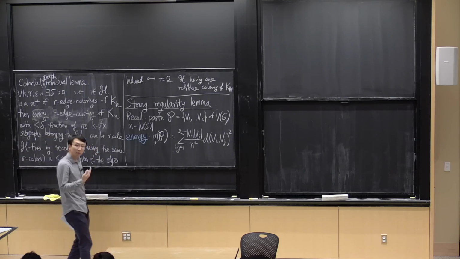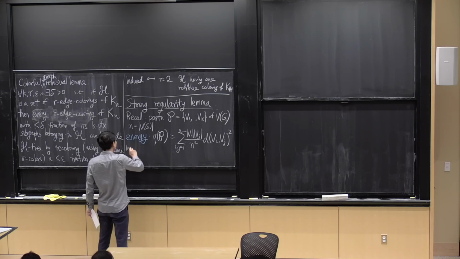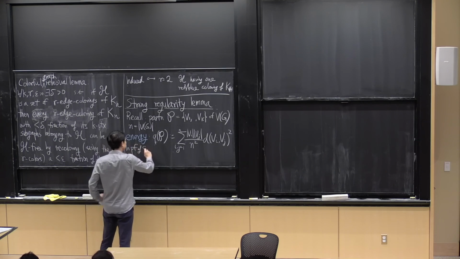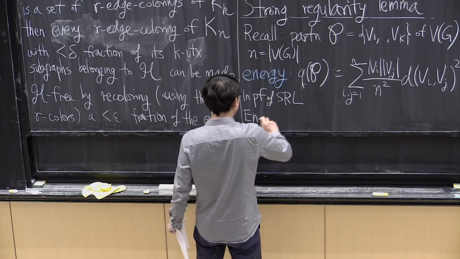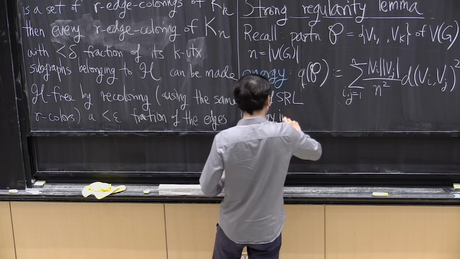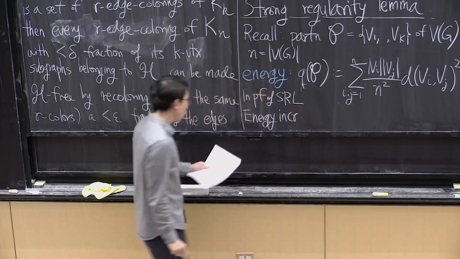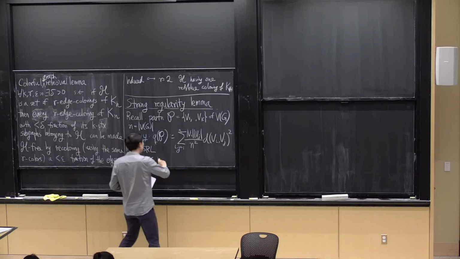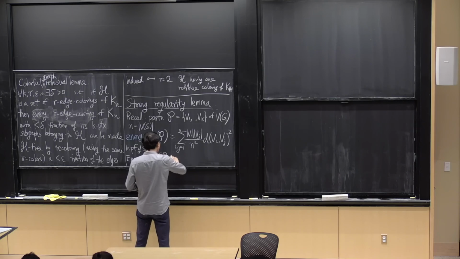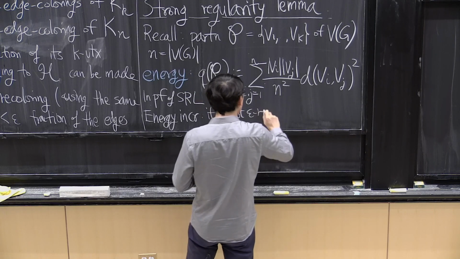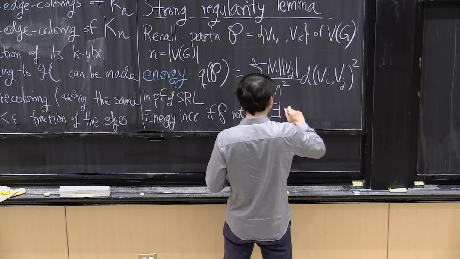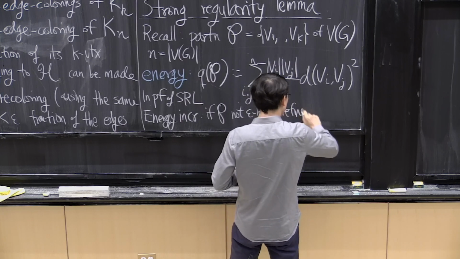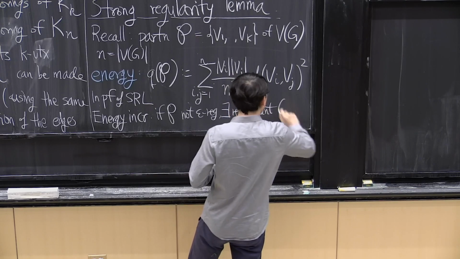And in the proof of Szemerédi's regularity lemma, there was an important energy increment step, which says that if you have some partition P that is not epsilon regular, then there exists a refinement Q.